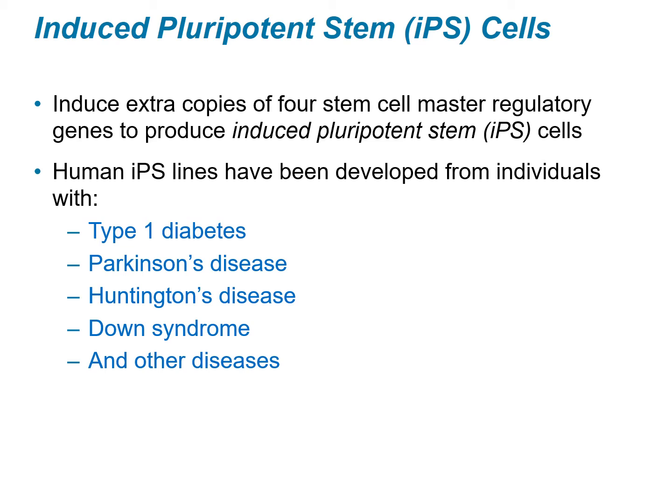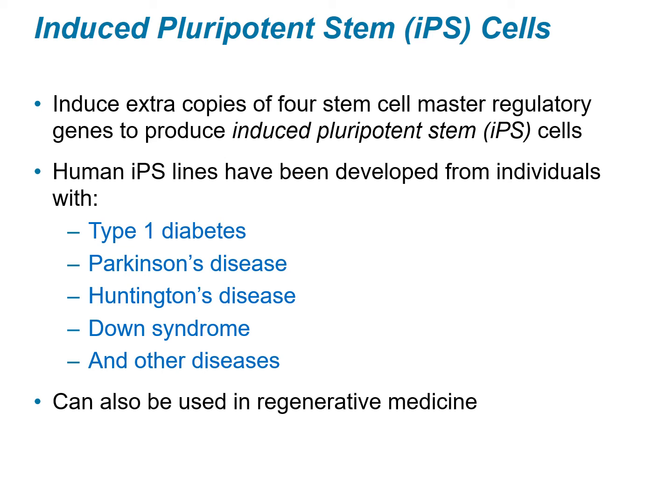Human induced pluripotent stem cells have been developed from individuals with type 1 diabetes, Parkinson's disease, Huntington's, Down syndrome, and many other diseases. They can be used in regenerative medicine. So this is a good thing about the induced pluripotent stem cells.